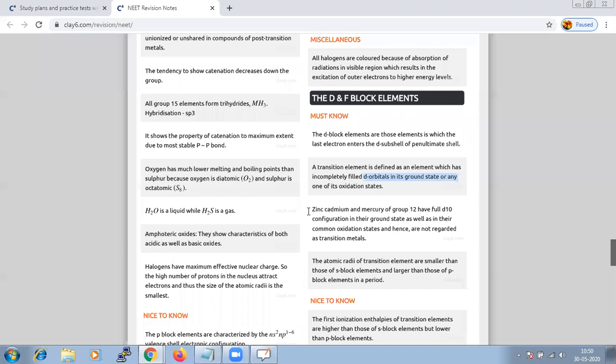For example, zinc, cadmium and mercury of group 12 have a full d10 configuration in their ground state as well as in their common oxidation states, and hence these are not regarded as transition metals. It is an exception.